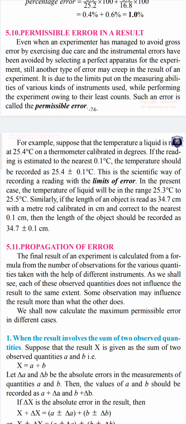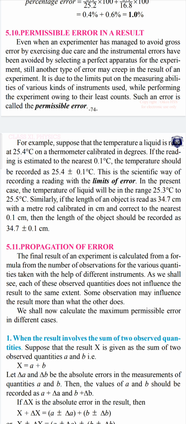For example, suppose that the temperature of a liquid is read at 25.4 degrees Celsius on a thermometer calibrated in degrees. If the reading is estimated to the nearest 0.1 degrees Celsius, the temperature should be recorded as 25.4 plus or minus 0.1 degrees Celsius. This is the scientific way of recording a reading with the limits of error.